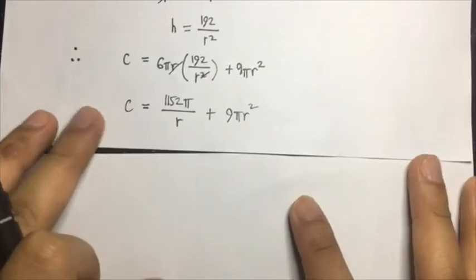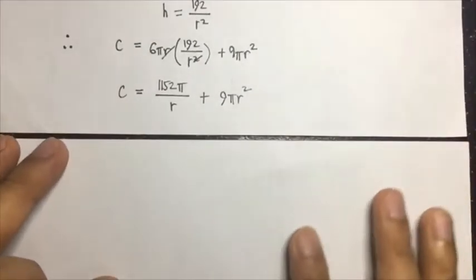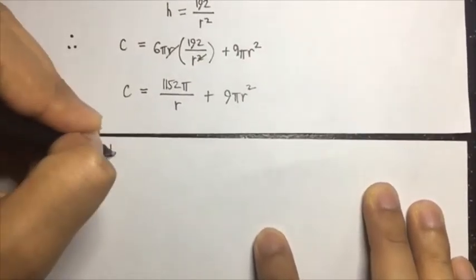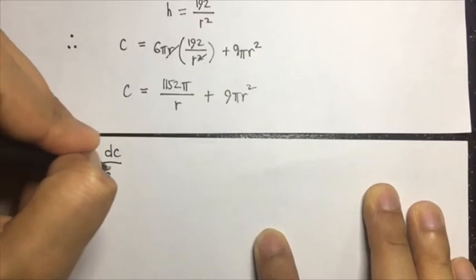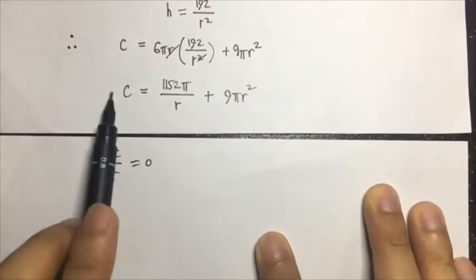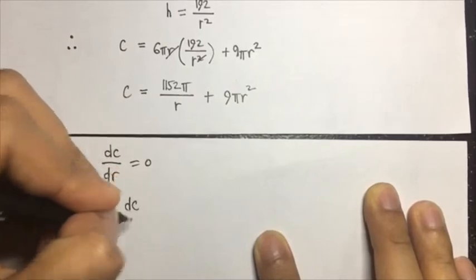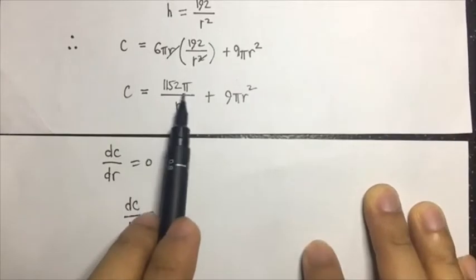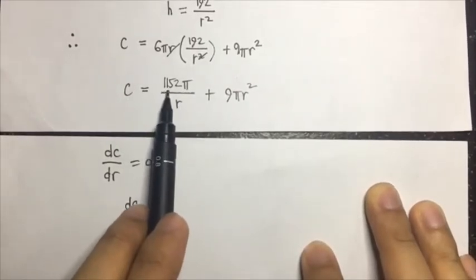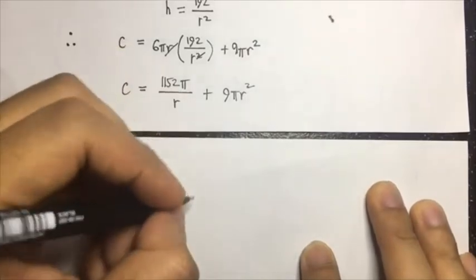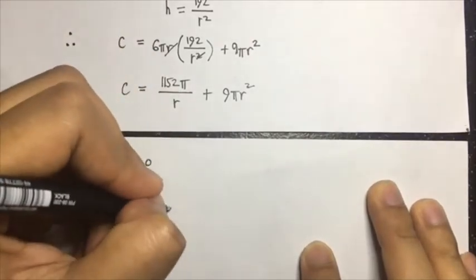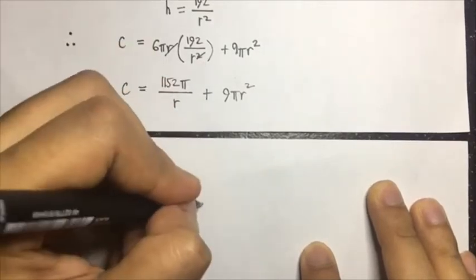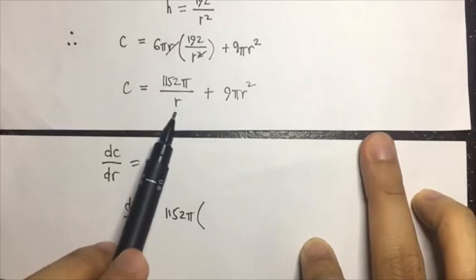So we need to derive it with respect to r, setting the derivative of c with respect to r equal to 0. So deriving this, we have here a coefficient of 1152 pi, so we can write it first: 1152 pi multiplied by the derivative of 1 over r.